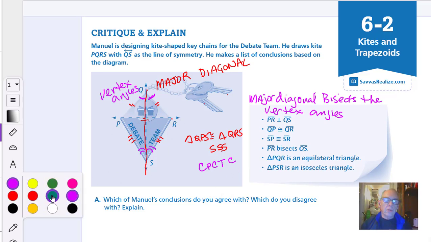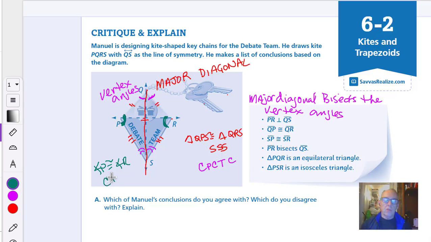Also, from these two triangles being congruent, we have this angle here at P and this angle here at R that are in corresponding positions. These two angles are congruent. So angle P is congruent to angle R, also because those are corresponding parts of congruent triangles.